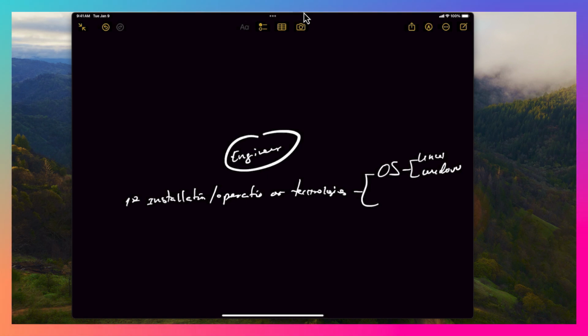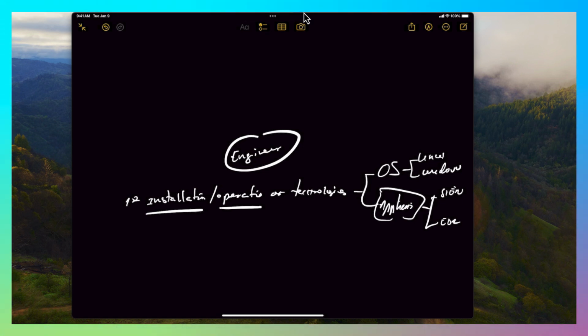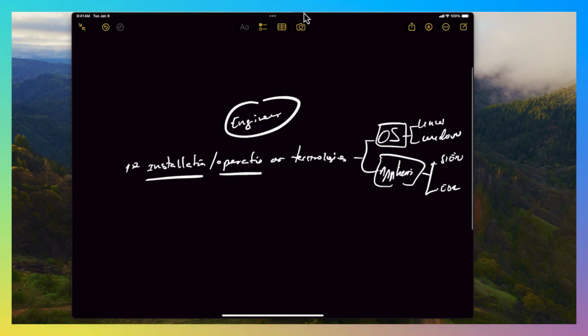We are also talking about applications such as SIEM, EDR, and XDR. Again, this is purely the installation and operation, maintaining the uptime and health of the operating system and the application.